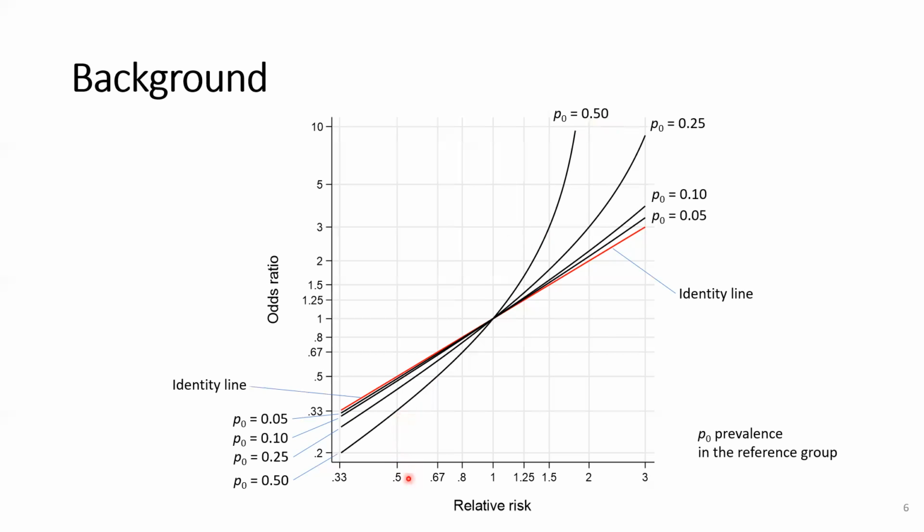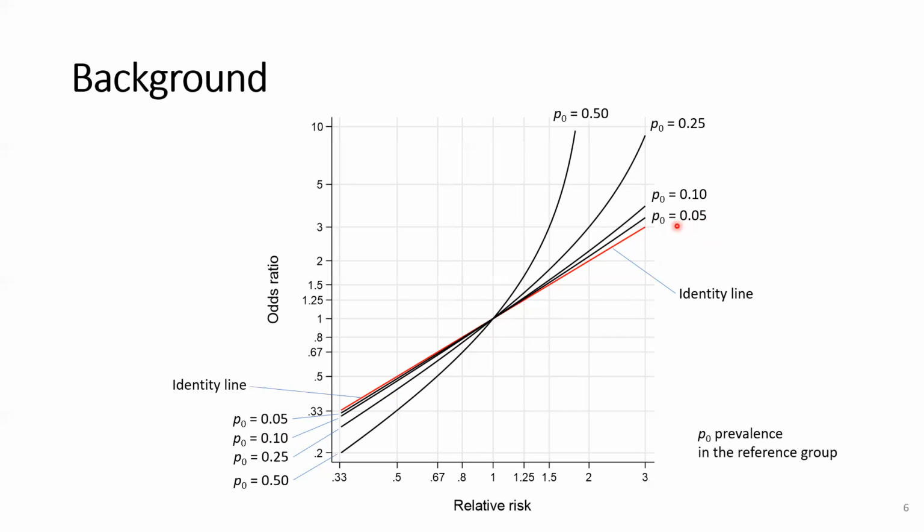And in this scenario, relative risk is 0.5, but odds ratio is going to be 0.33. So the odds ratio is going to be lower as compared to relative risk. So this is a problem when we handle odds ratio when the prevalence is high.